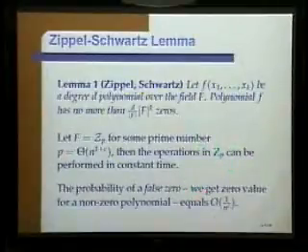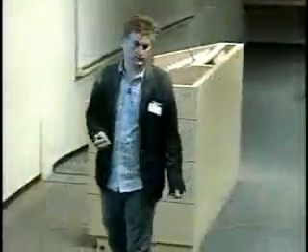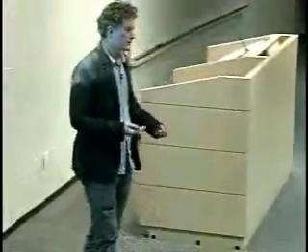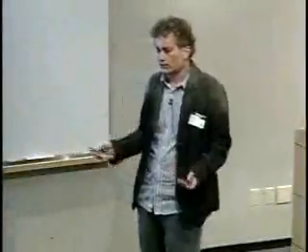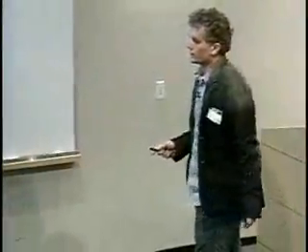And notice that the operations in this field, like multiplication and summation, can be done in constant time in the RAM model, because these numbers have logarithmic length, and then operations on such numbers can be done in constant time.